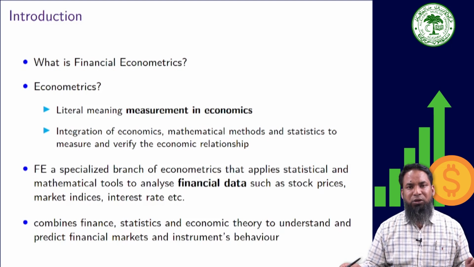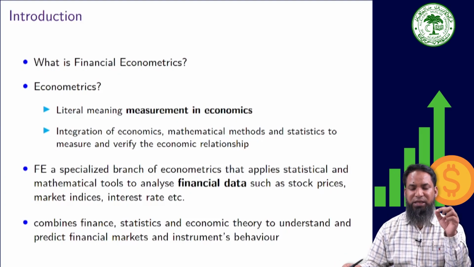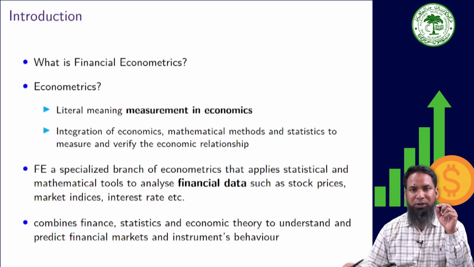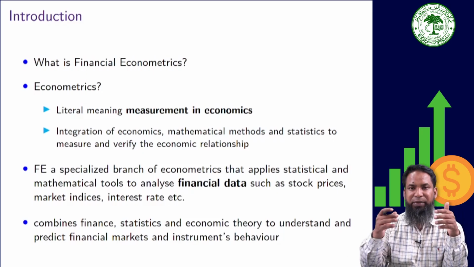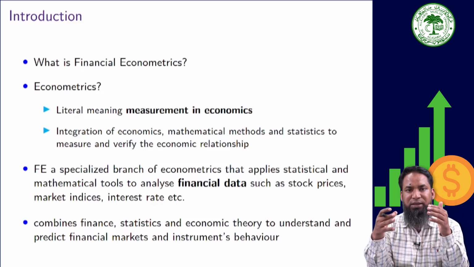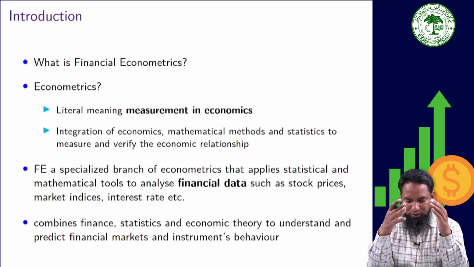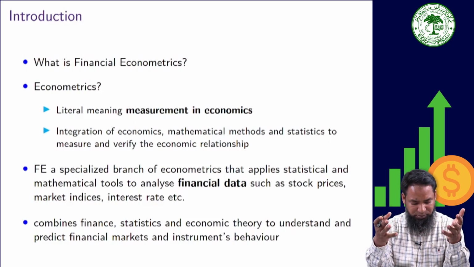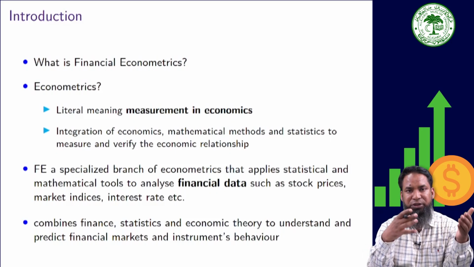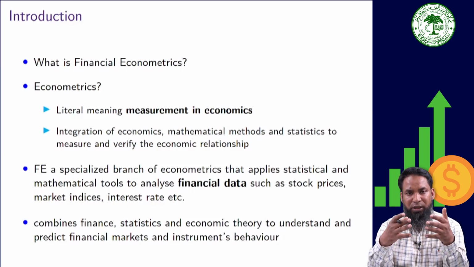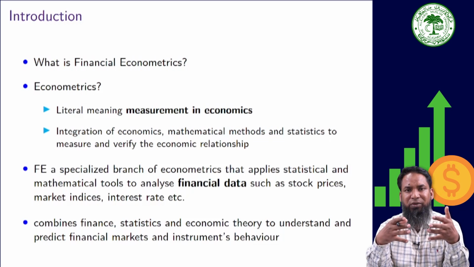Then what is financial econometrics? Financial econometrics is basically a specialized branch of econometrics that applies the same statistical methods and mathematical tools to analyze financial data such as stock prices, market indices, interest rate, exchange rate, other portfolio variables, the different aspects of the financial system.